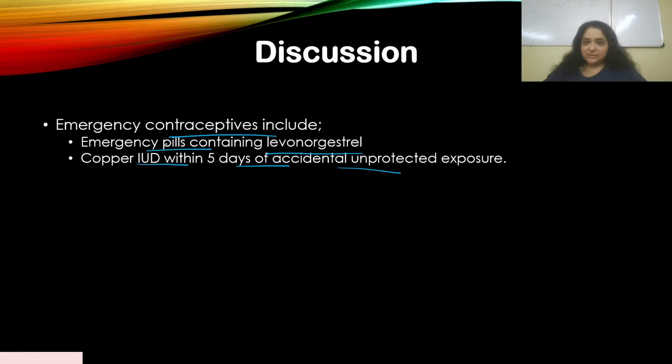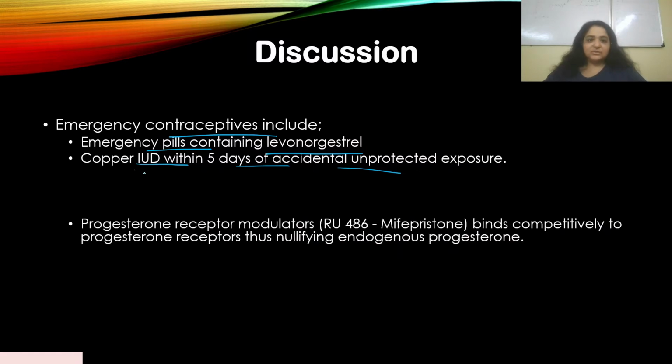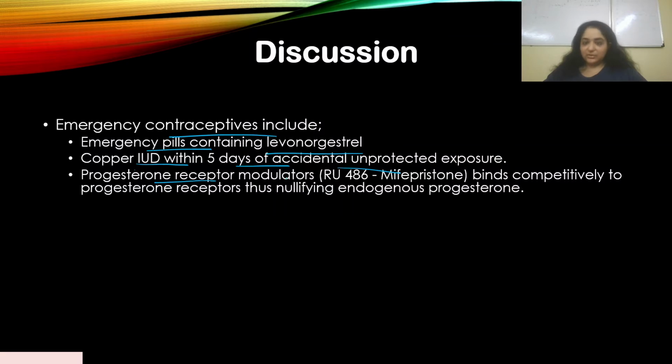So emergency pills are used, copper IUD is used, and progesterone receptor modulators are used, which bind competitively to progesterone receptors and thus nullify the endogenous progesterone, that is, the progesterone the body is producing. The progesterone being produced by the body is not effective, because the modulators block the progesterone receptors.